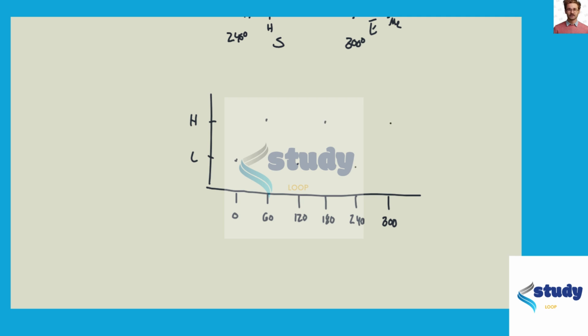So then we just expect a sort of zigzag. And if we wanted, we could go to 360, which would be equivalent to going back to 0, right? 360 degrees around gets you right back to where you started.